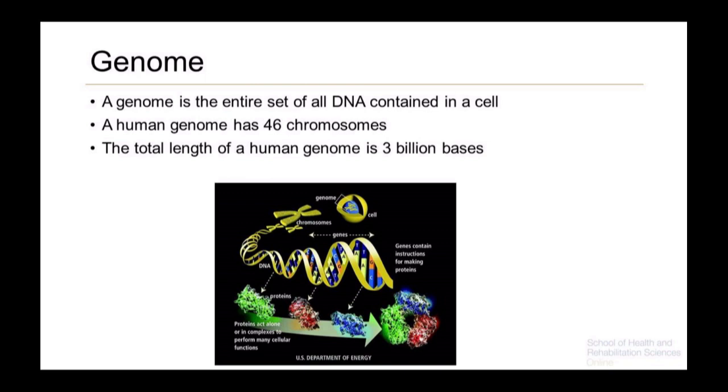In these chromosomes, some DNA segments are genes. For instance, in chromosome 1, there are roughly 2,000 genes, and the length of each gene is typically a few thousand bases. In other words, genes are just a small portion of a chromosome.